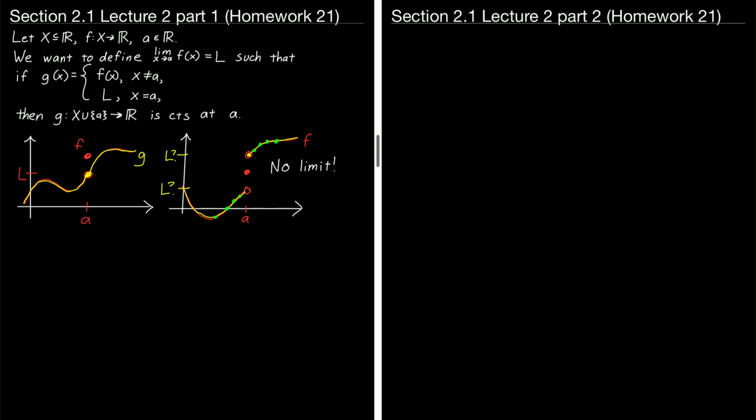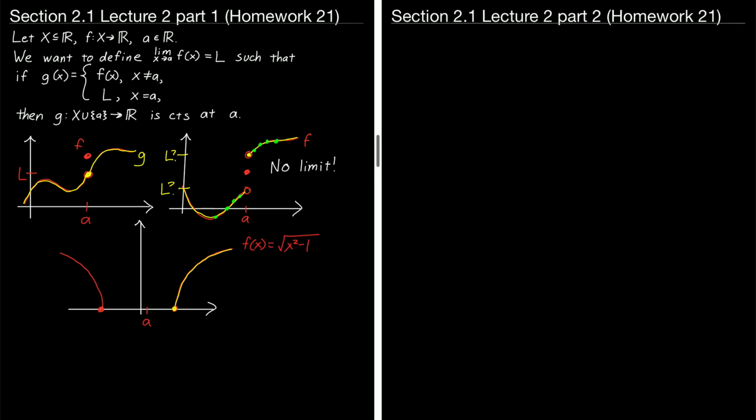So here's another strange thing that can happen. Let's say we've got a function like this. For example, this is f of x equals the square root of x squared minus 1. And let's suppose that our point a is somewhere far away from the domain.